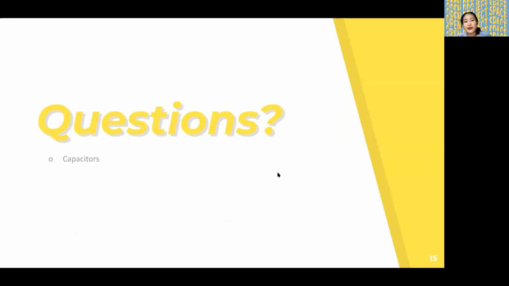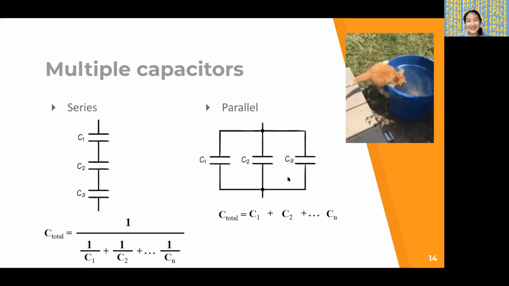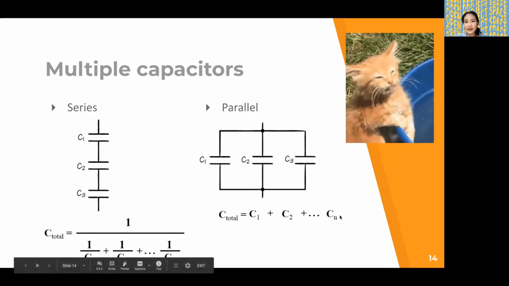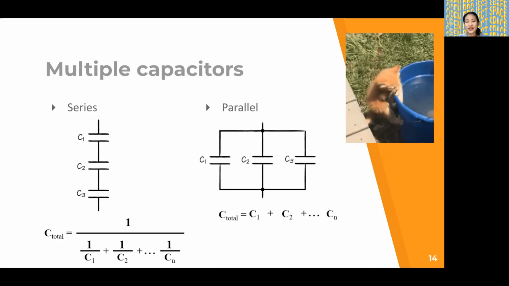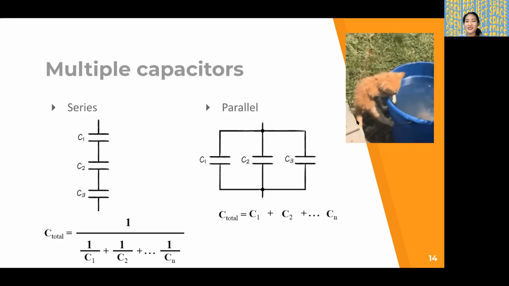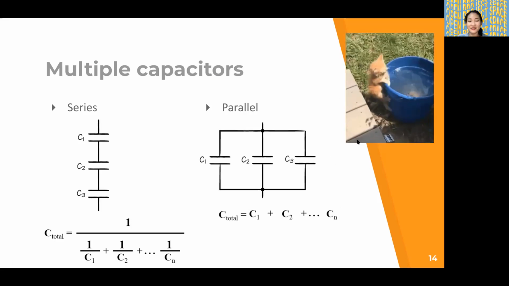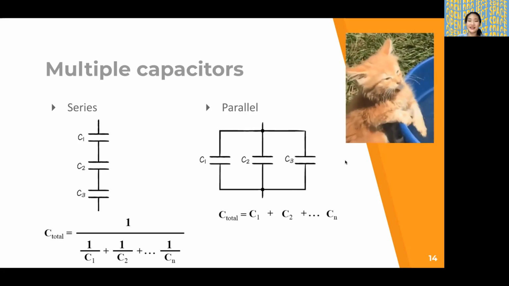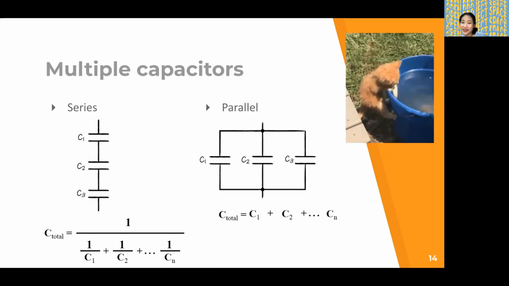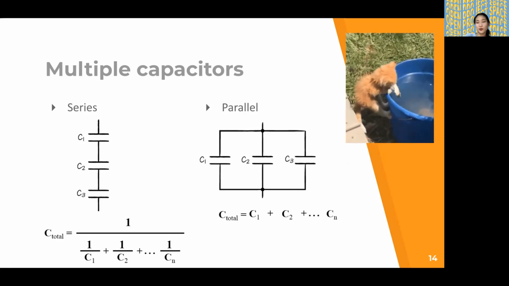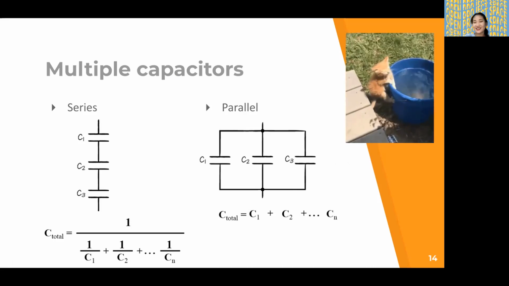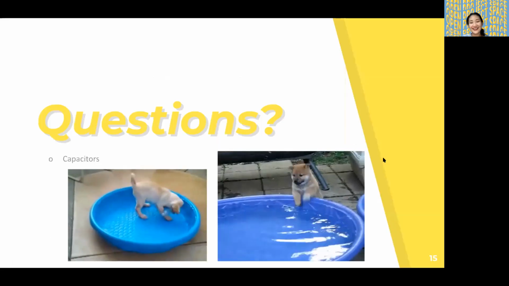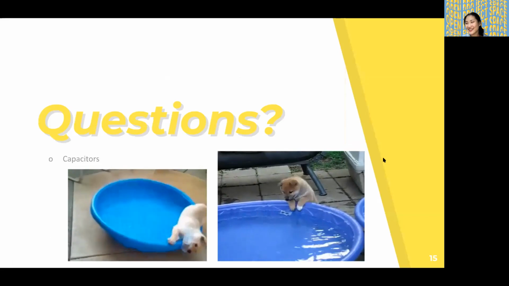And when we have parallel capacitors, on the other hand, they just add up, and you can think of this using the water bucket analogy, as we have a picture of this cute cat with the water bucket over here. Having three capacitors is like having three separate buckets, so you can store more charges. So greater capacitance. Okay, any questions so far?